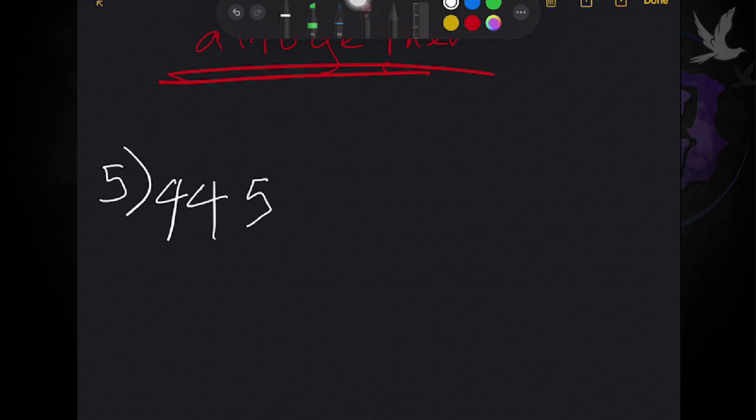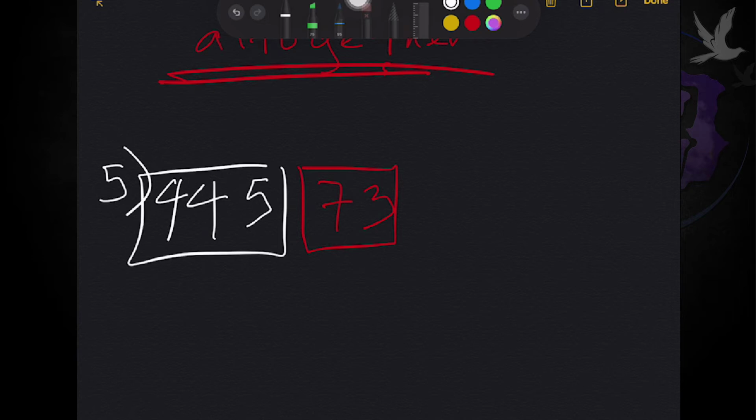Okay? So 73 latecomers joined the audience after the first intermission. Okay, isa-isa lang natin. Then later on, another 19 latecomers joined the audience after the second intermission. So we are talking about some people, a group of people who joined the audience after the second intermission.